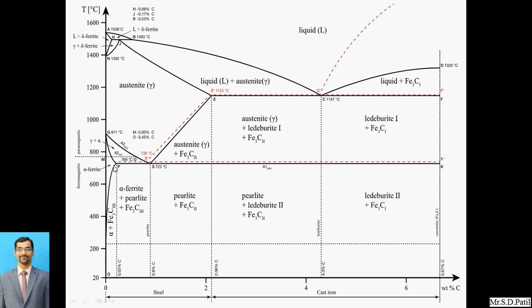We know that when iron is in pure form, it has the alpha ferrite kind of structure, and when it goes up to 768 degrees Celsius, in this particular zone, when we add the percentage of carbon, it might become paramagnetic at 768 degrees Celsius. Now this will be alpha ferrite.